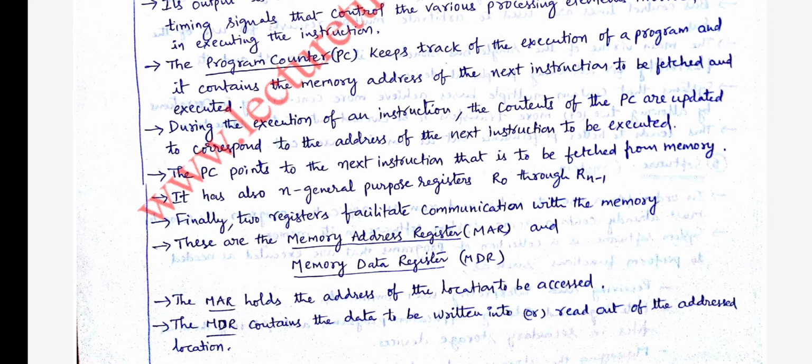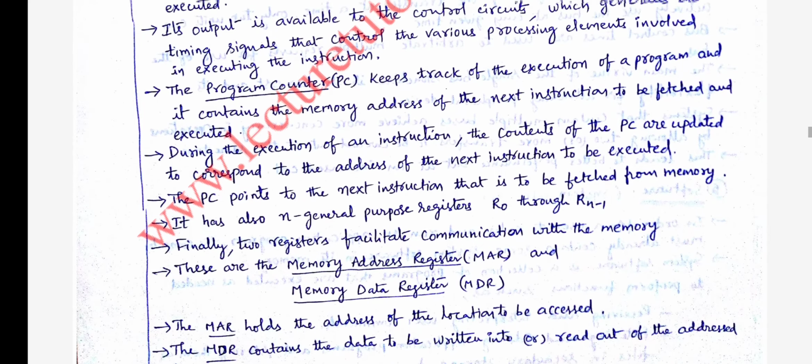Next, program counter, PC. The program counter keeps track of the execution of a program, and it contains the memory address of the next instruction to be fetched and executed. Always the program counter contains the next instruction which is to be executed.